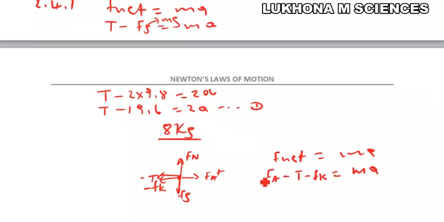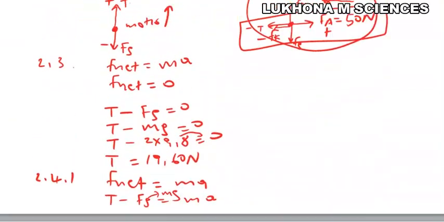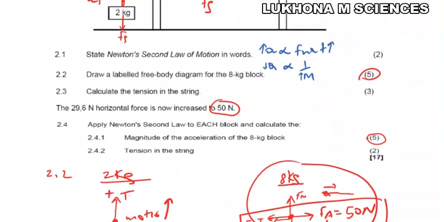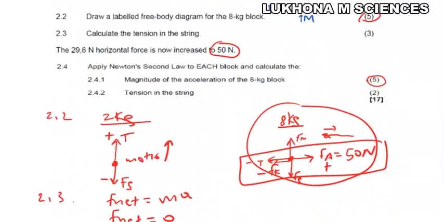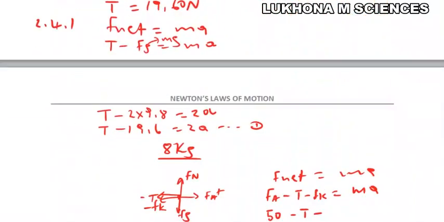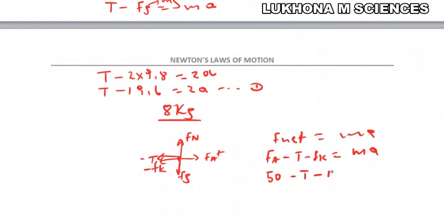So the force applied now is 50. We don't know the tension, but the friction for this one was given before. Let's go back to the statement. The frictional force for the 8 kg block is 10. So we have the friction of 10 newtons, and the mass is 8, times A. So if we press calculator here, 50 minus 10, that is 40.